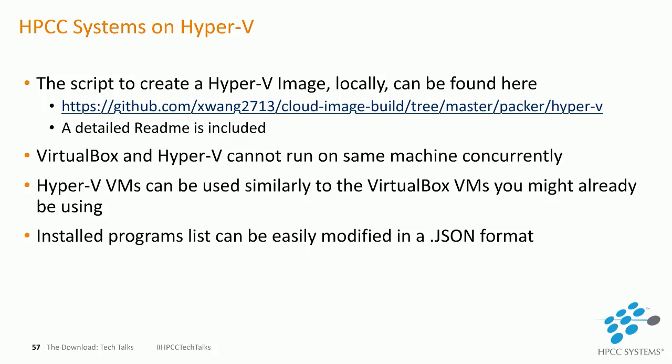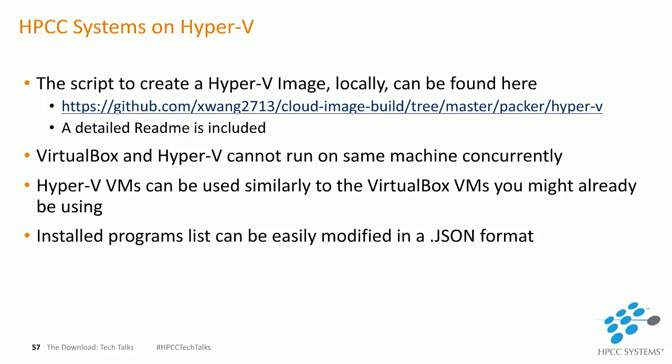So HPCC Systems on Hyper-V. That was the main goal for the first part of this. Hyper-V, for those who aren't familiar, is a hypervisor that's used to run a client operating system within Windows 10, similar to VirtualBox, except it comes as part of Windows 10. Unfortunately, VirtualBox and Hyper-V can't run on the same system at the same time, which can be a little problematic.